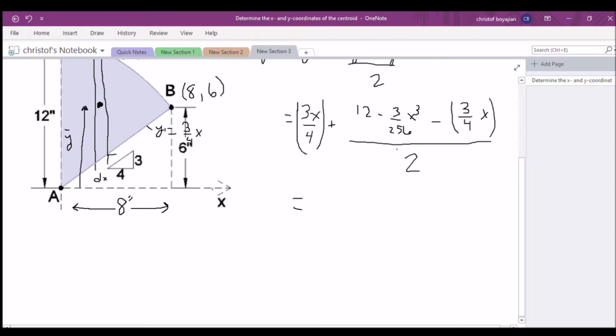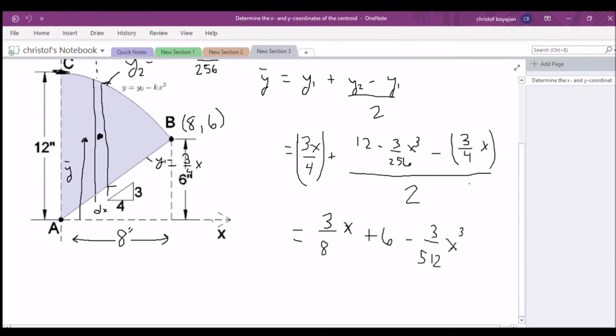So if we simplify this, we should get that our y bar is 3/8 x, combining those like terms, plus 12 divided by 2, which is 6, and then this guy divided by 2, so that's going to be negative 3 divided by 512 x cubed.